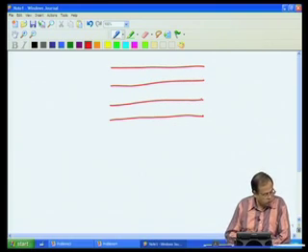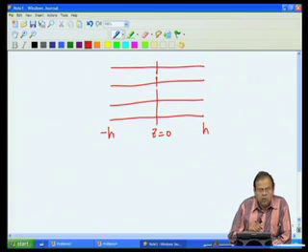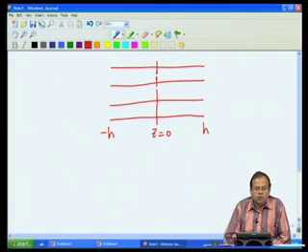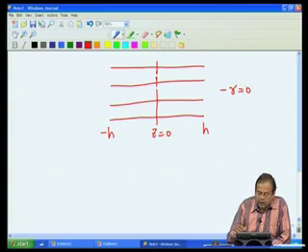Okay. So, let us put the center point of this as z equal to 0, and let us say half length is h. So, we have z going from minus h to h, and again let us put the center axis r equal to 0 here, and the radius going from a to b.